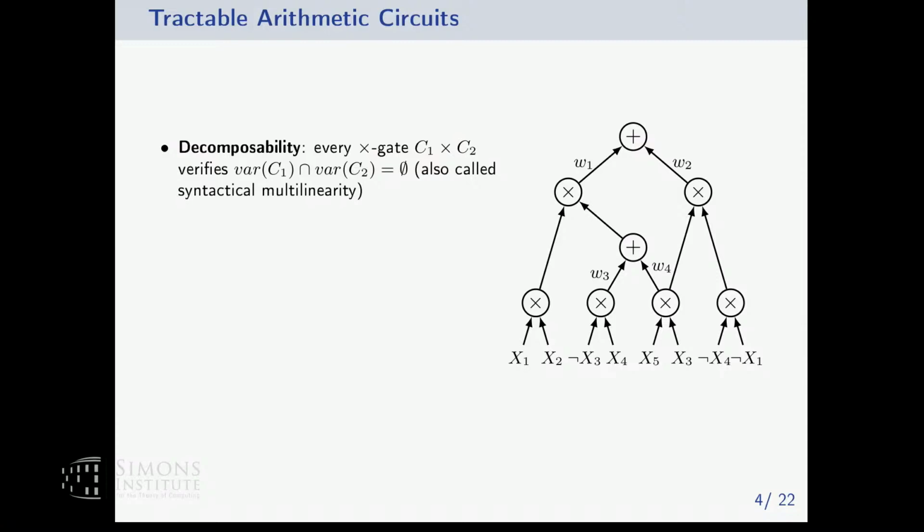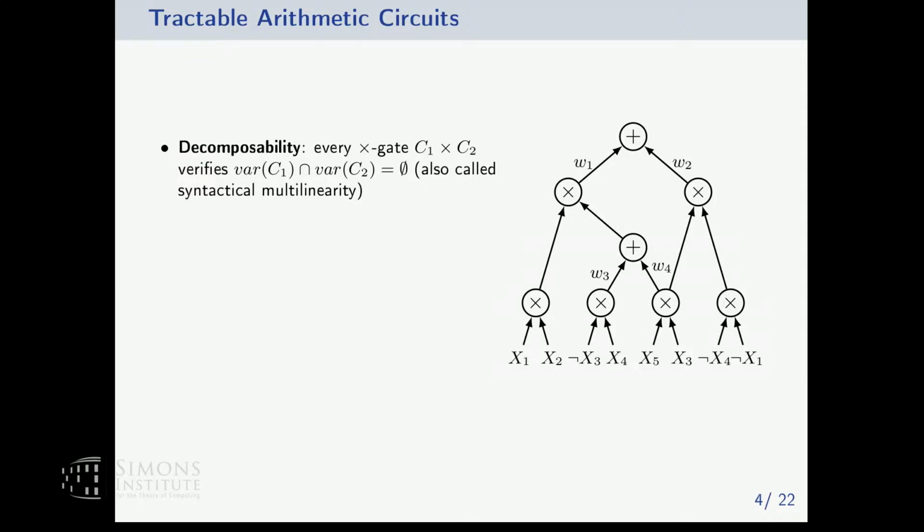All of this is hard generally, but if you put some restrictions on your circuits, then many of these queries can become tractable. I gather these circuits under the name of tractable arithmetic circuits, which is a very generic term, not precise at all, just to say that these will be circuits that respect a certain combination of properties, which I'm going to describe right now.